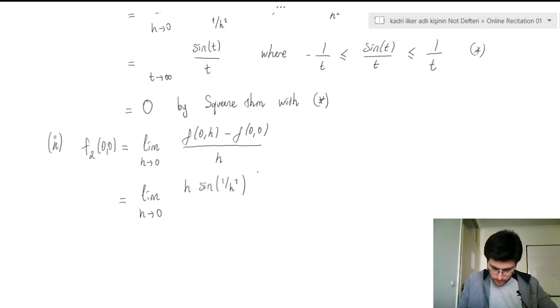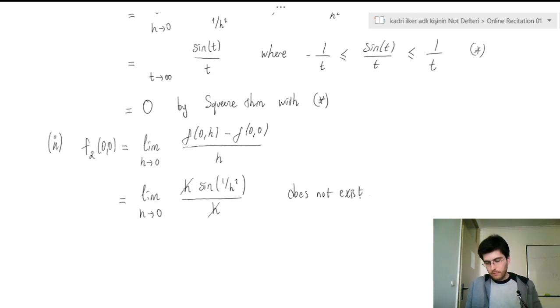So everything is fine, and this part is 0 already, and we have h, and these cancel each other out, and this limit does not exist, right? Okay, I guess it's fine. That's all.